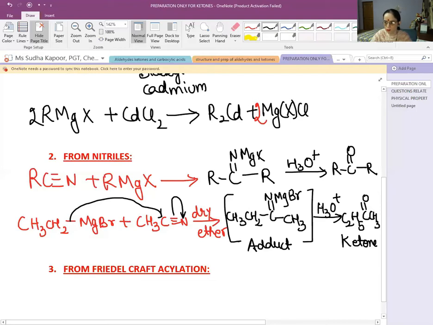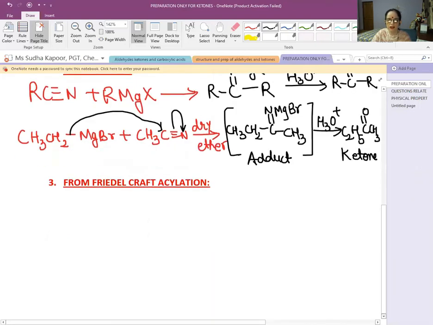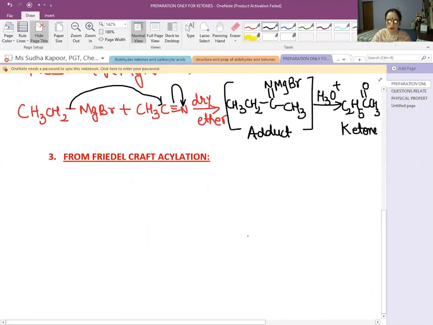Now coming to the third preparation. The third preparation is from the Friedel-Crafts method. Friedel-Crafts alkylation and acylation we all did in class 11th also. Friedel-Crafts acylation: we take benzene and add acid chloride, CH3COCl, in the presence of anhydrous AlCl3.